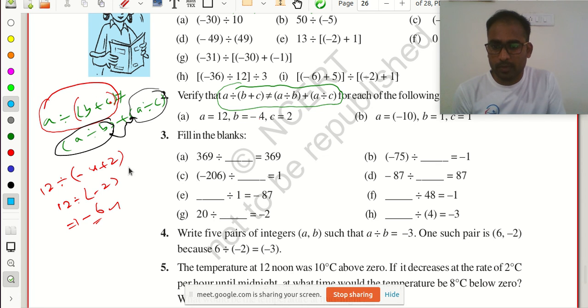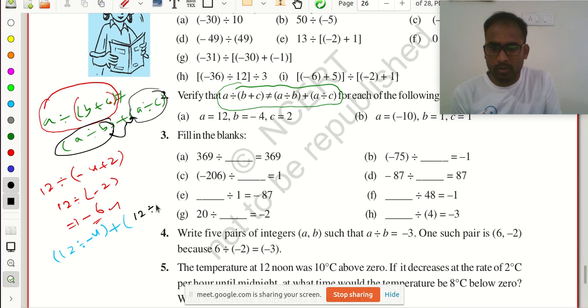Then see here, A divided by B. What is A here? 12. 12 divided by B, which is minus 4, plus A divided by C, which is 2. So 12 divided by minus 4 is how much?